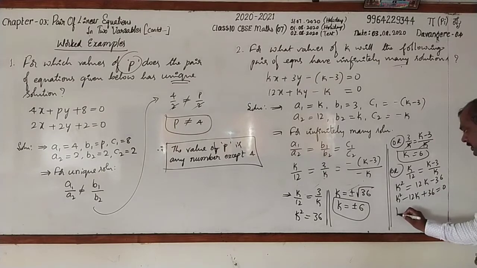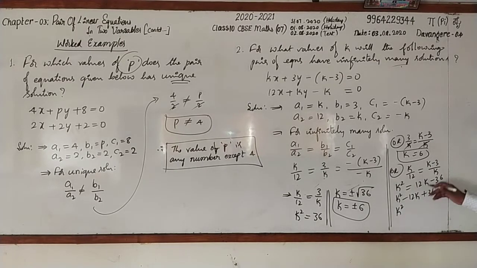Then factorize this. Or else you can also solve this in another way. Now, let me show this one first. It is k square minus 6k minus 6k plus 36 equal to 0. Then observe, it is k into k minus 6 minus 6 into k minus 6 equal to 0. K minus 6 into k minus 6 equal to 0. Again k equal to 6 will come. Right? Hope that you have understood.